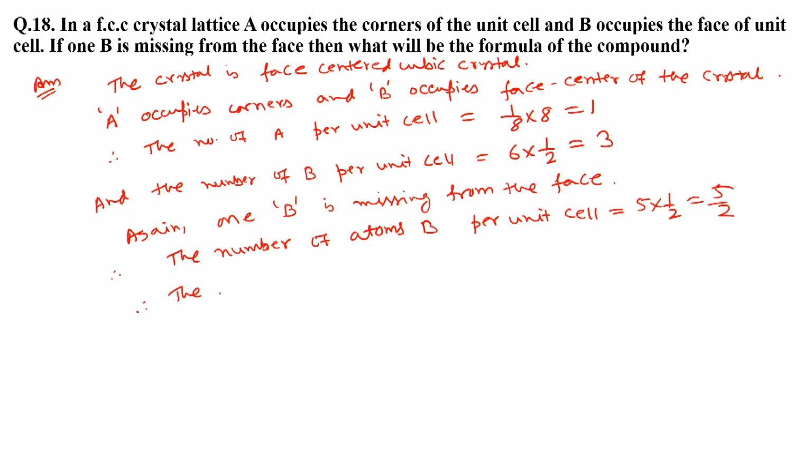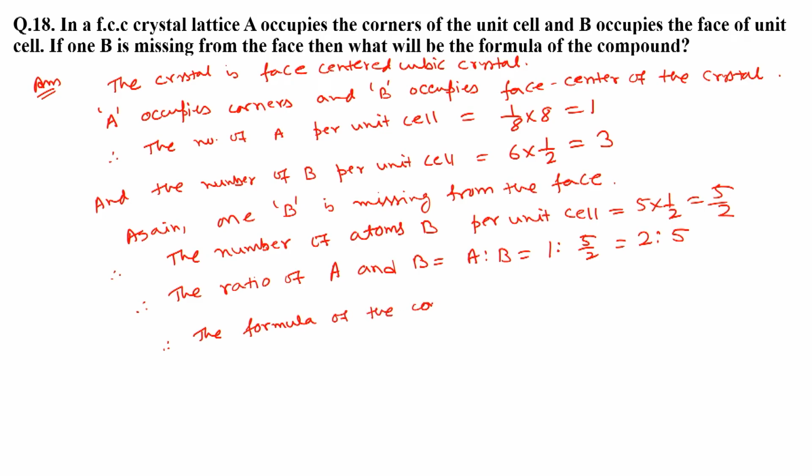Therefore, the ratio of A and B, A is to B, is 1 is to 5 by 2. So, we get 2 is to 5. We need to determine the formula. Therefore, the formula of the compound is A2B5.